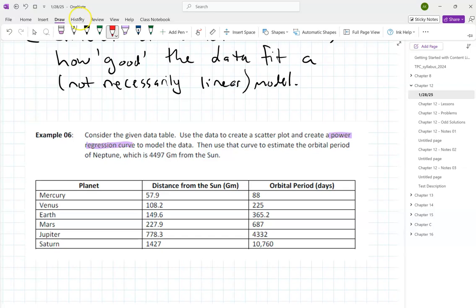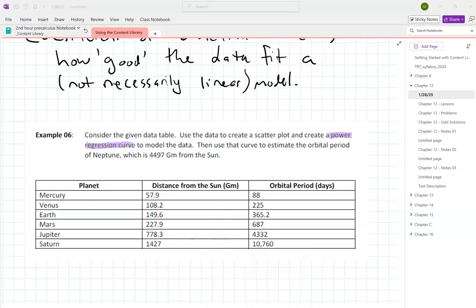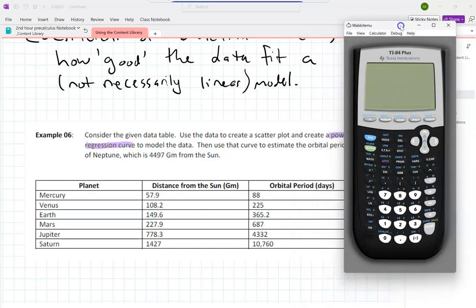So what's my first step going to be? I've got to enter this data into my calculator. Where do I go to do that?